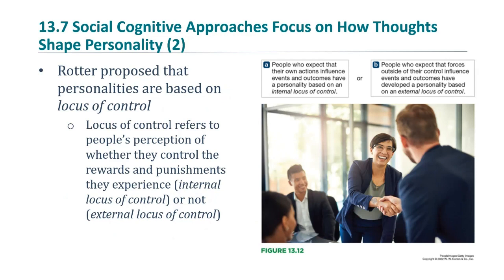An internal locus of control is a belief that one can control one's own life. An external locus of control is a belief that life is controlled by outside forces, which a person cannot influence, or that chance or fate controls their lives.